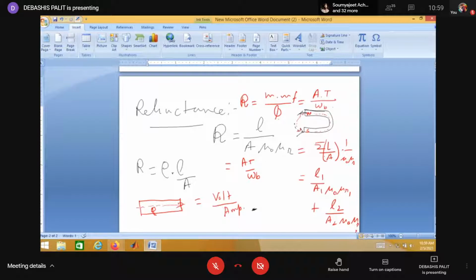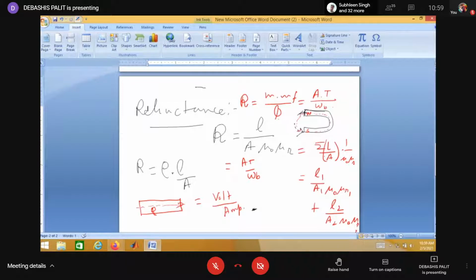That depends on the fringing field effect, meaning how sharp the edge is. If the sharpness is very high, the fringing field effect will distort some amount of flux.